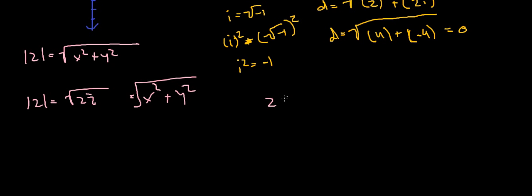So just to show that z times the conjugate of z is equal to x squared plus y squared, I'll just do something generic. Just do x plus yi.